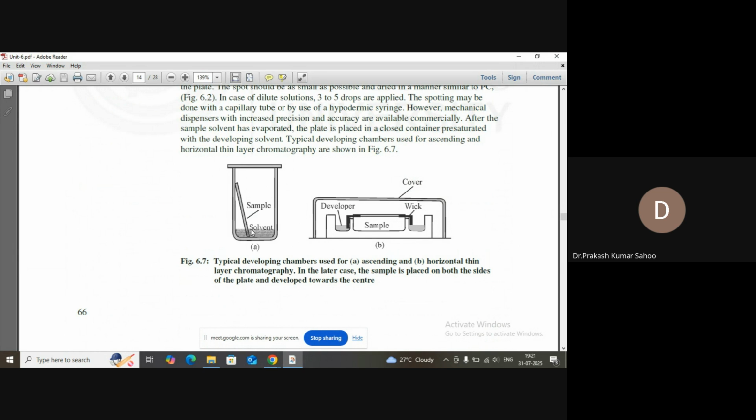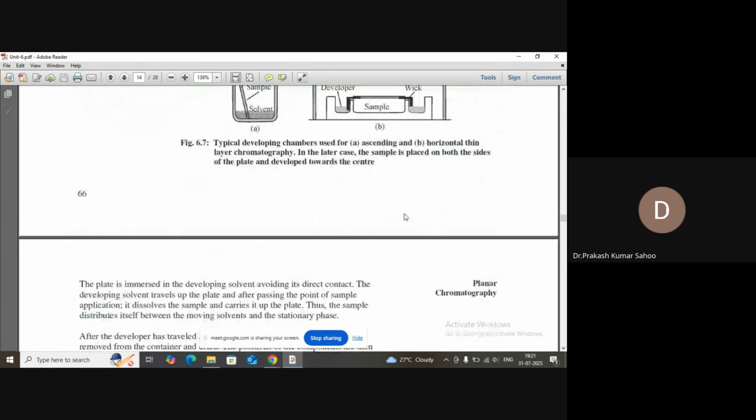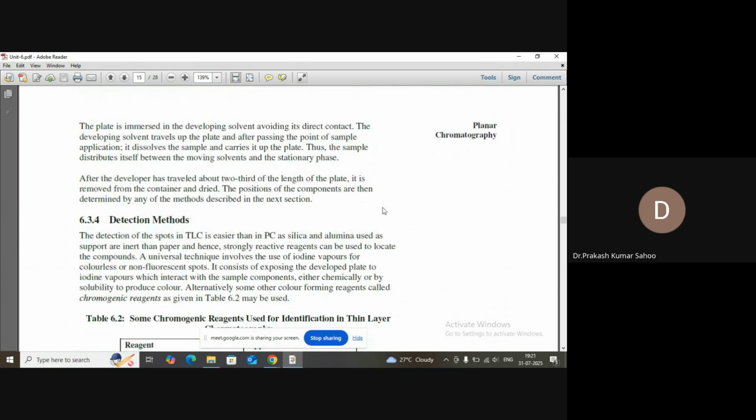Your different components get adsorbed on the surface of the stationary phase, depending on their interaction with it. When the plate is immersed in the developing solvent, avoiding direct contact of the sample, the developing solvent travels up the plate, and after passing through the point of sample application, it dissolves the sample and carries it up the plate, where the sample distributes itself between the moving solvent and stationary phase.